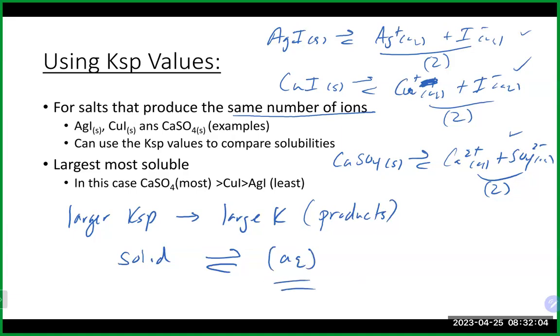So the larger the Ksp value, even though it may be a really small number in comparison to another one, would be more soluble because you should have more products happening there. So if you've got the same number of ions and you want to make a prediction like which one would stay in solution longer or come out of solution earlier, you could use Ksp values to help you do that.